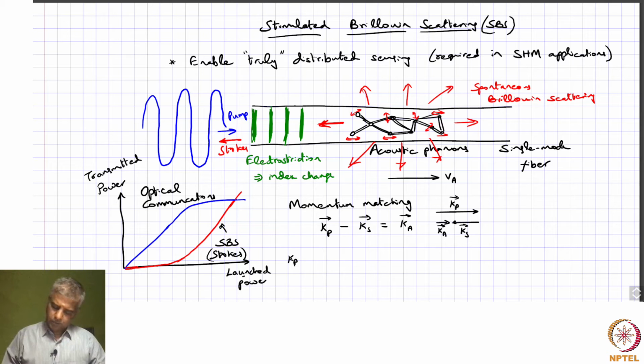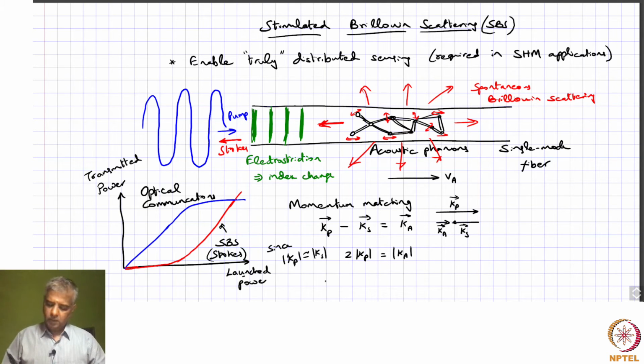since the magnitude of Ks is almost equal to Kp, and it is actually happening in the opposite direction, you can rewrite this expression as 2 times Kp equals the magnitude of Ka.